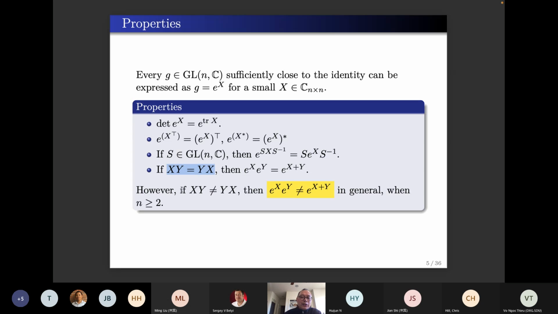Well, if they don't commute, then you don't have the equality. So if XY is not YX, then in general you don't have the equality here, when n is bigger than or equal to 2, of course, because if n is 1, then you have the scalar case.